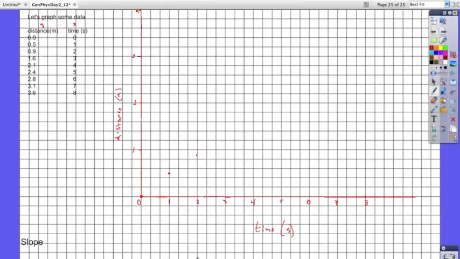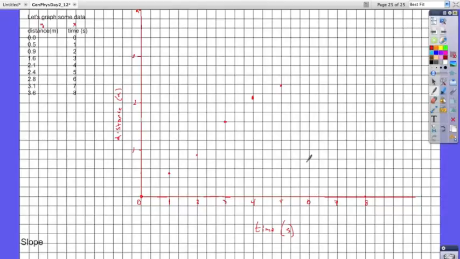At 3 seconds, 1.6. 3 seconds, there's 1, 1.2, 1.4, 1.6. 4 is 2.1. So 2.2, 2.1 is halfway in between. At 5 seconds, 2.4. There's 2.2, 2.4.